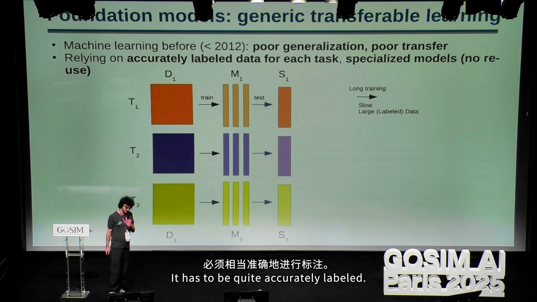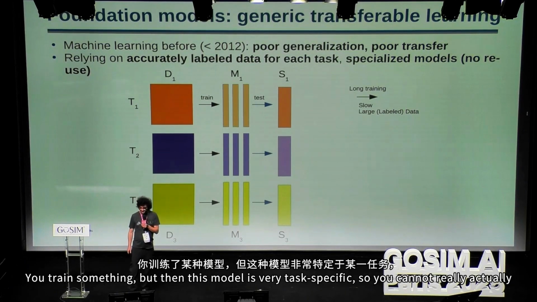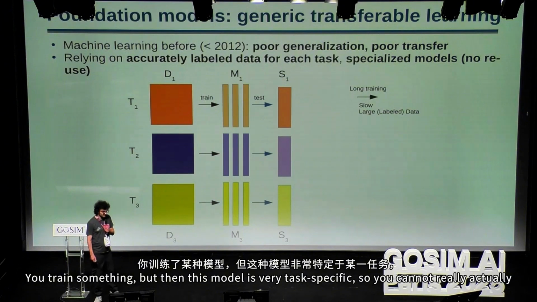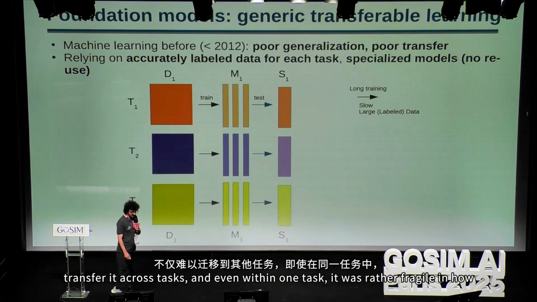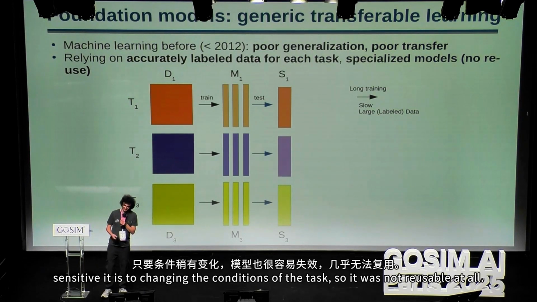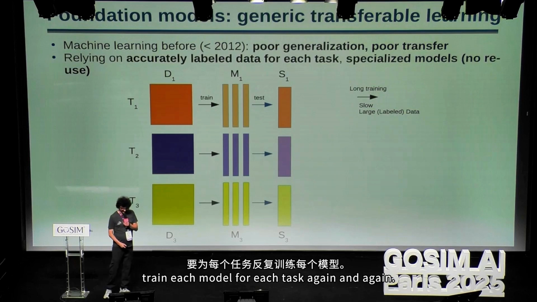It has to be quite accurately labeled. You train something, but then this model is very task-specific, so you cannot really transfer it across tasks, and even within one task, it was rather fragile in how sensitive it is to changing the conditions of the task. So it was not reusable at all. You have to train each model for each task again and again.